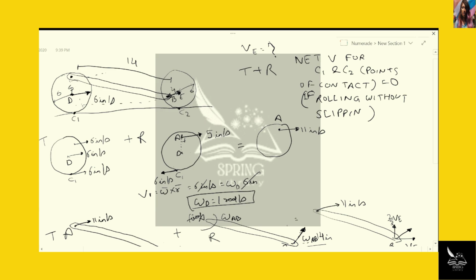A to D is 6 inches, and D and E have to be in a straight line, because this diagram is slightly confusing. Let me modify this diagram slightly so that this point of confusion is also gone.